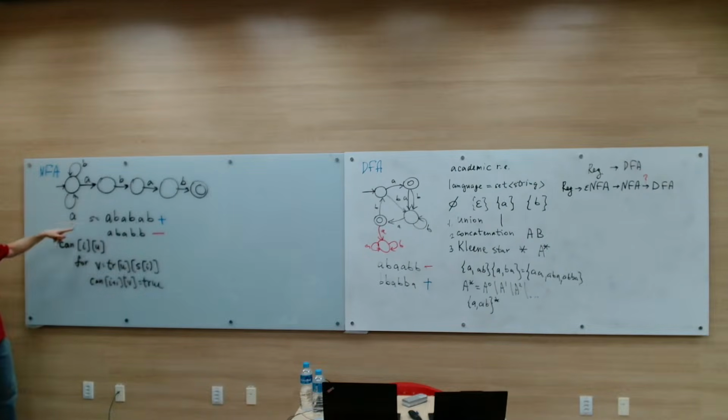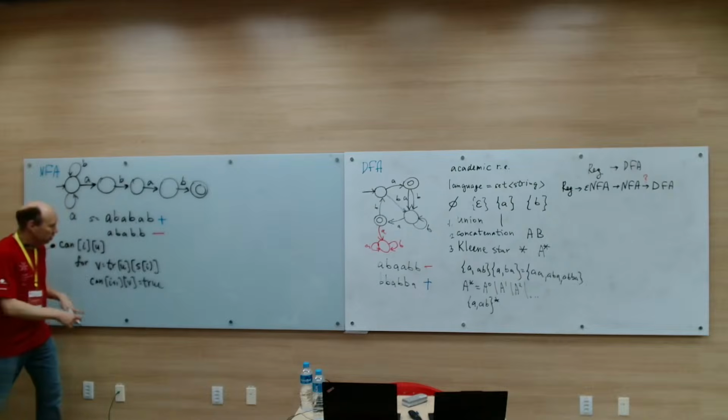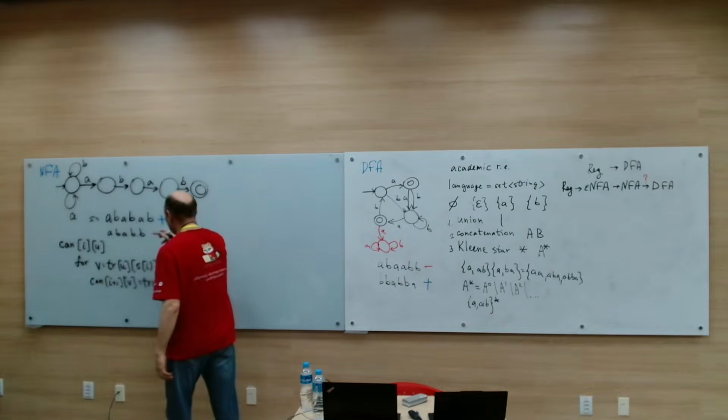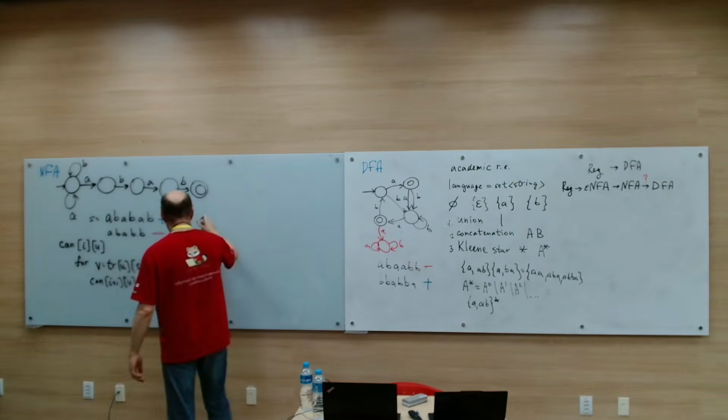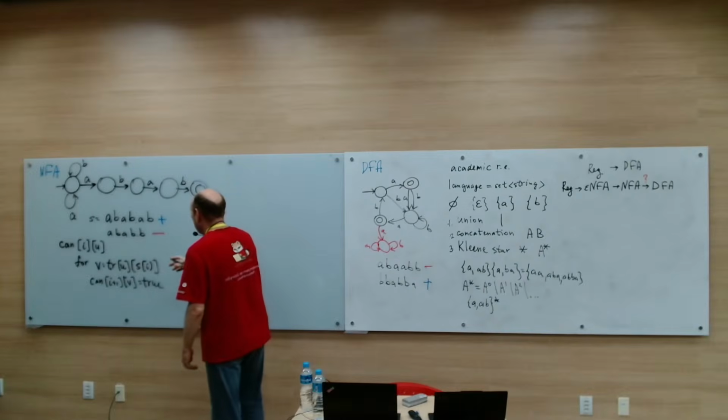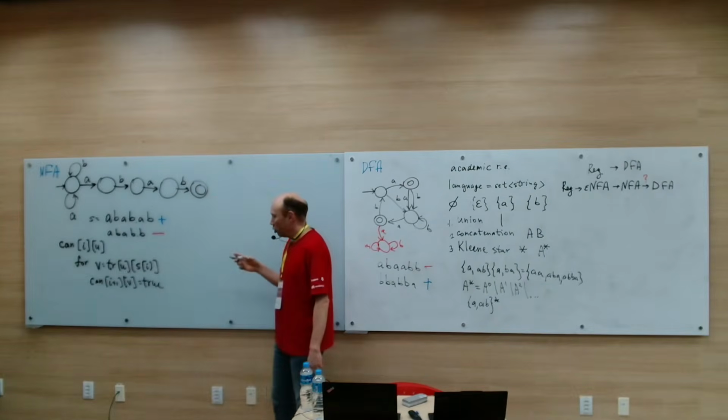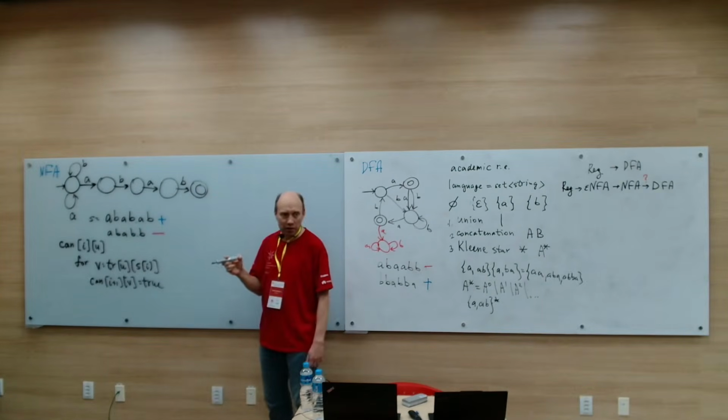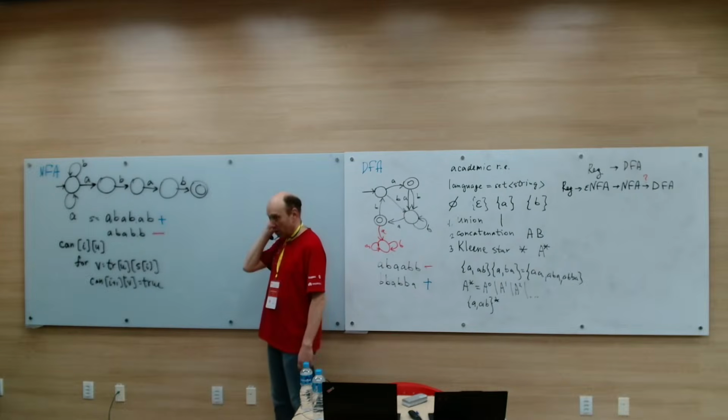So for example, let's take this string and this automaton. I think it's easy enough not to show in the example. Question?